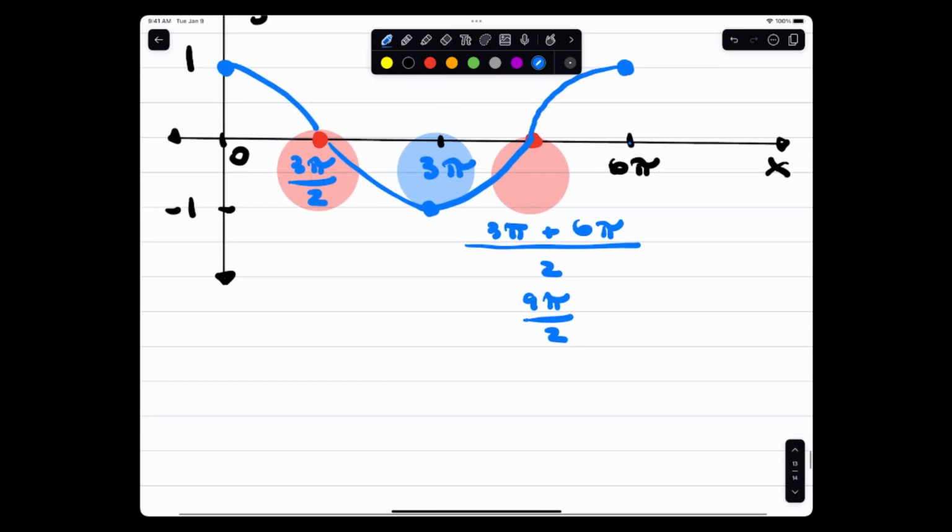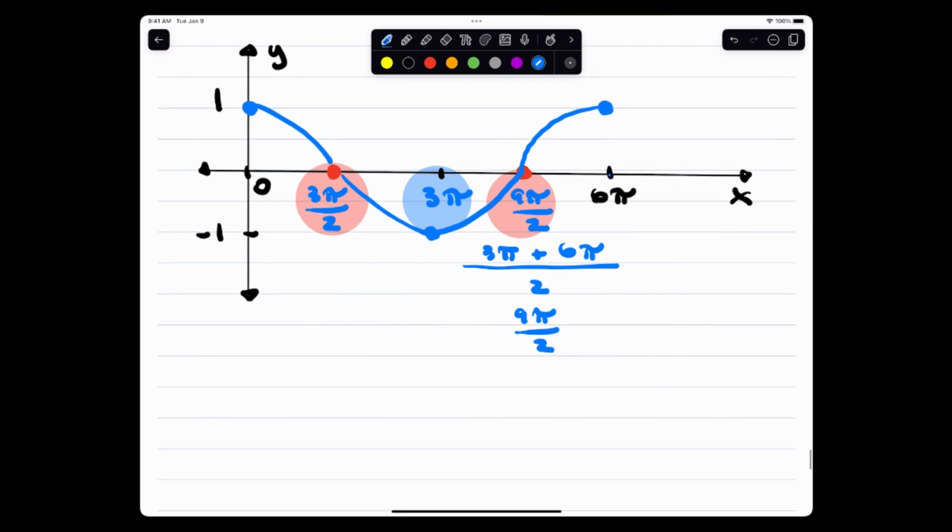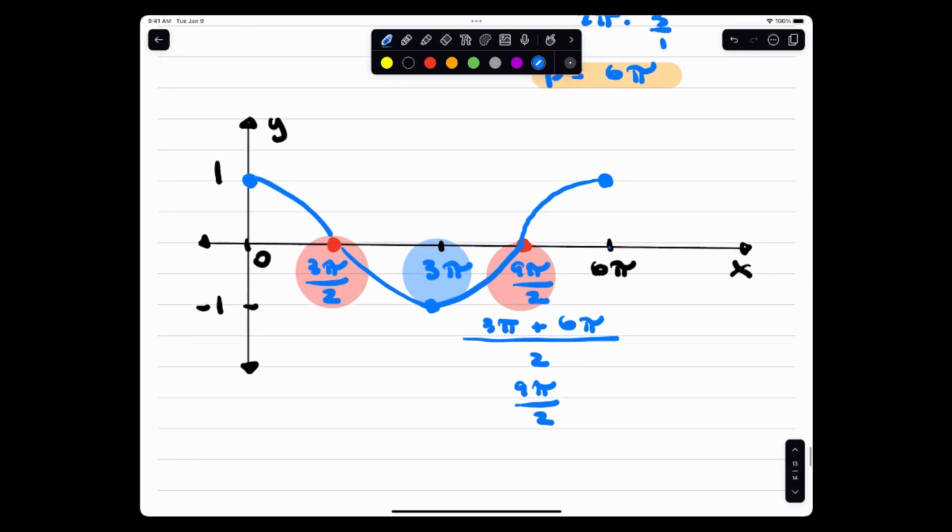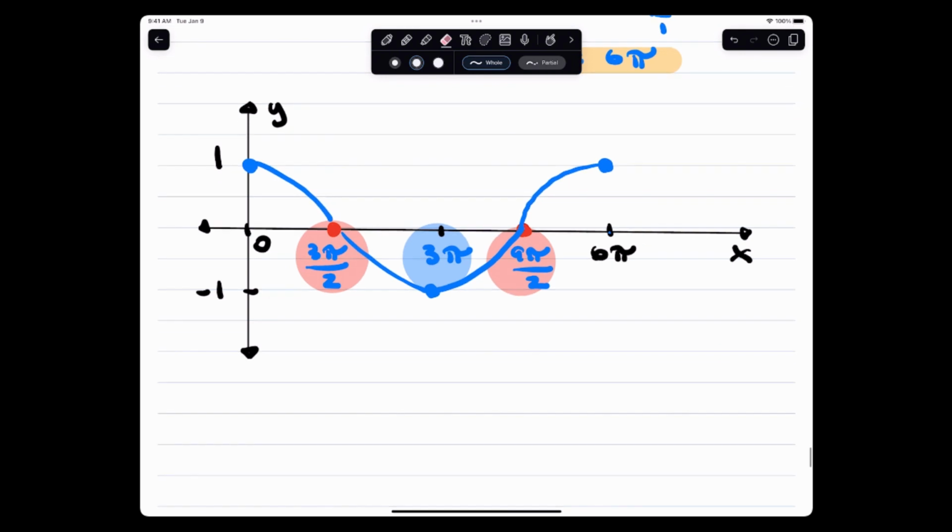So you're going to have 9 pi divided by 2. And there you go, ladies and gentlemen. Can I leave my answer symbolically as 9 pi over 2 for that point? The answer is yes.